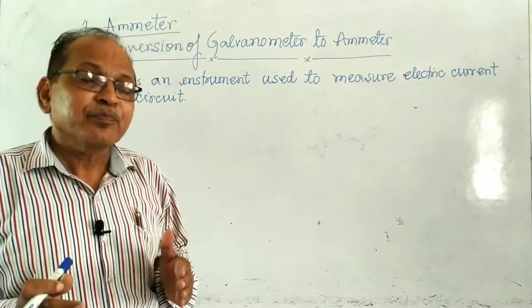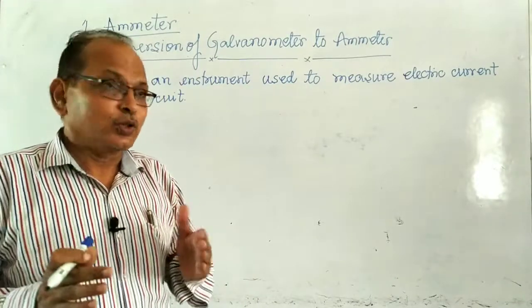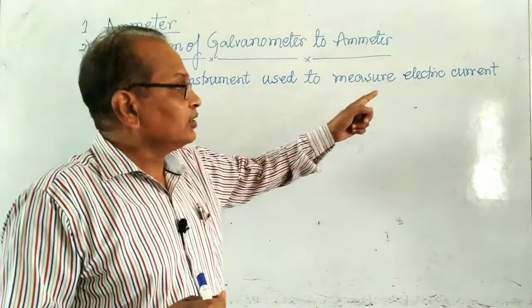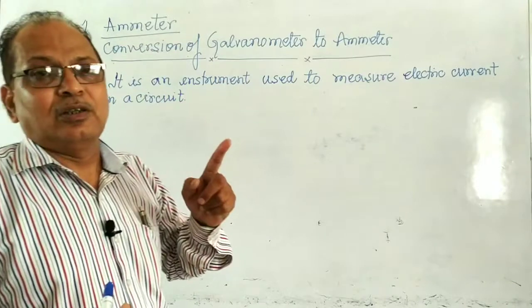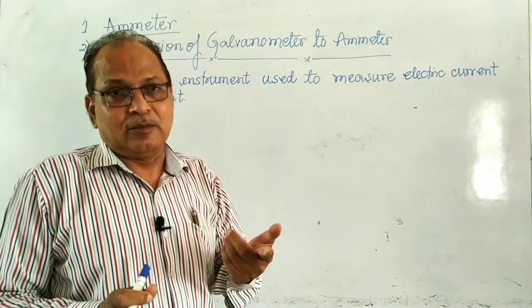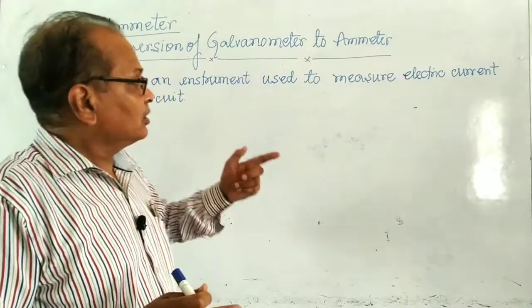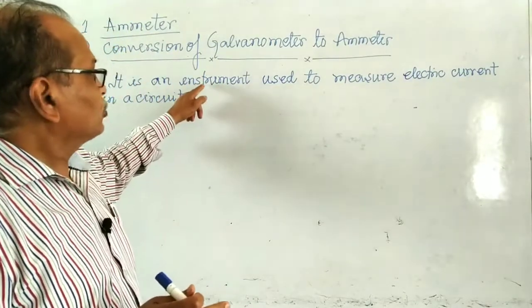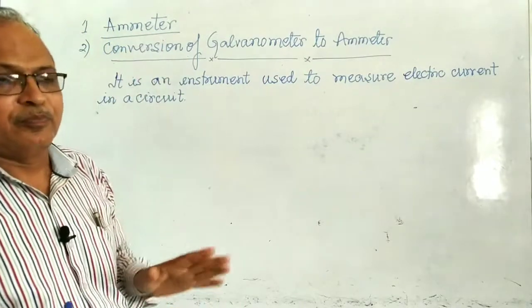Now the ammeter is used to measure the electric current in the circuit, how much current flows in the circuit. This is that particular instrument, called an ammeter.